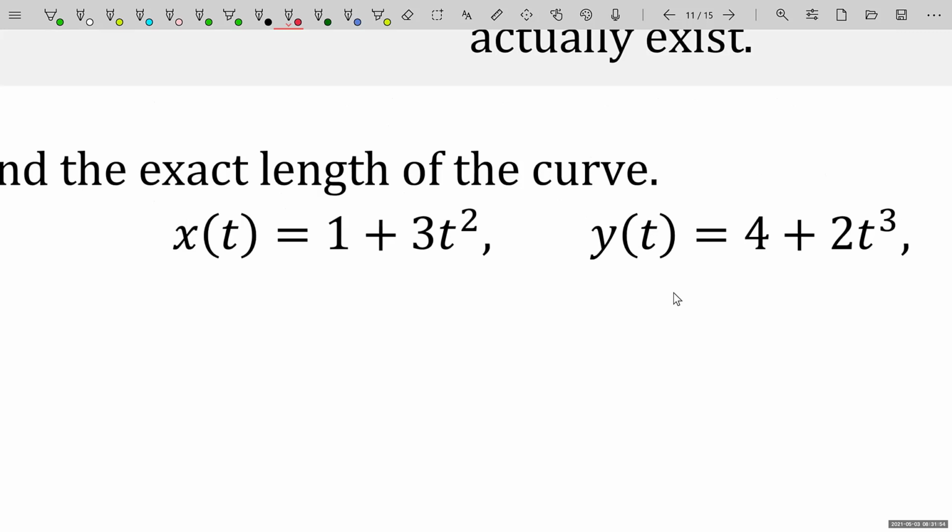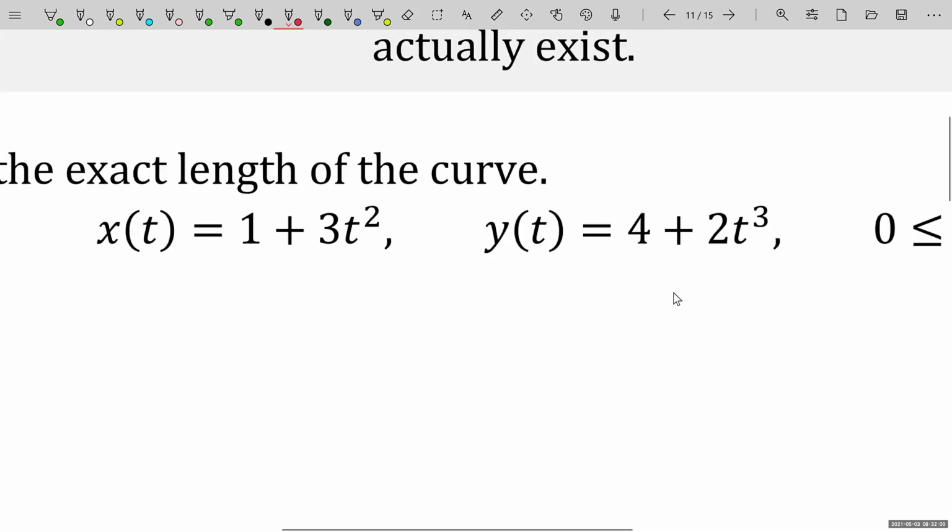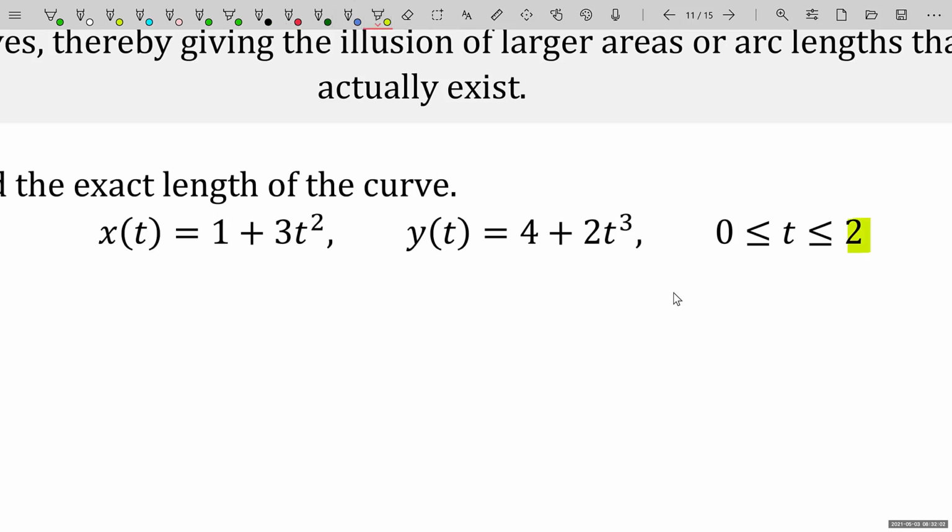If either of those statements is true, then I know it's not going to retrace itself. Well, on the interval given, 0 to 2, the x value is always increasing. Technically, the y value is as well. So I'm going to go ahead and write that on the interval t going from 0 to 2, x is always increasing.